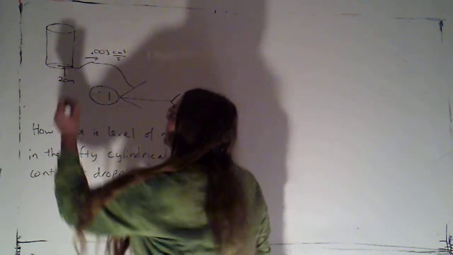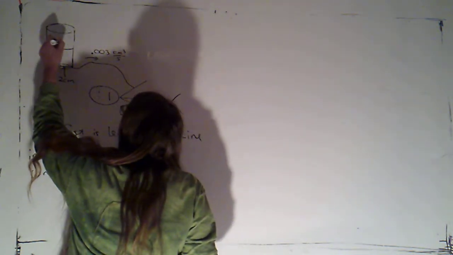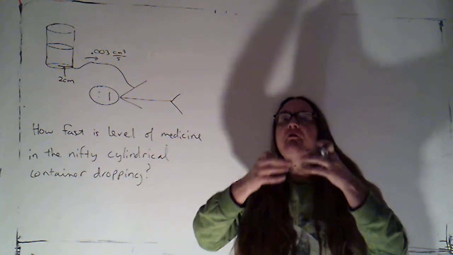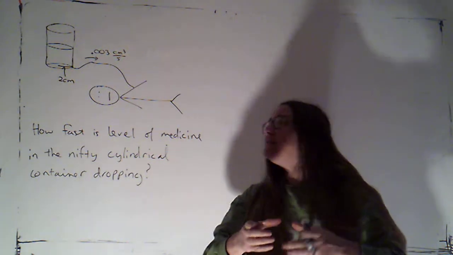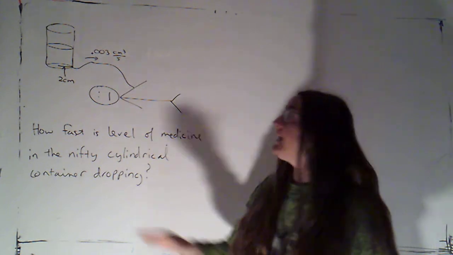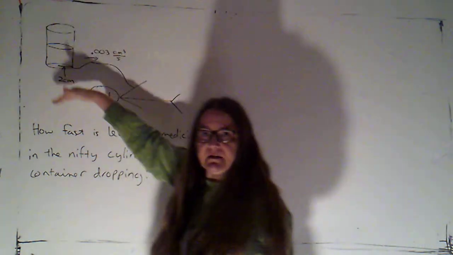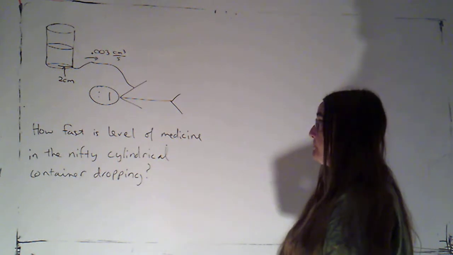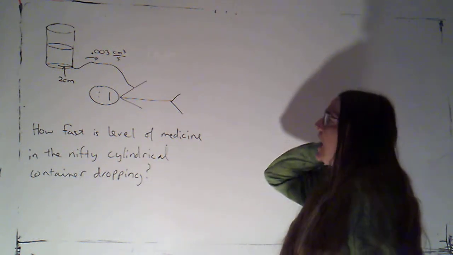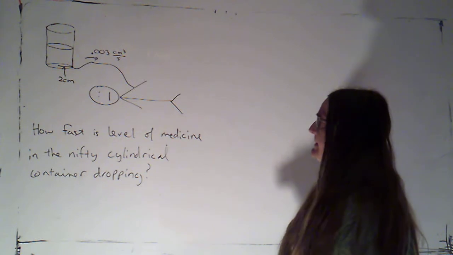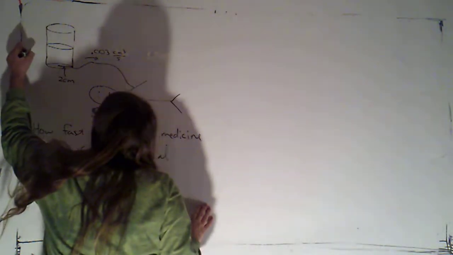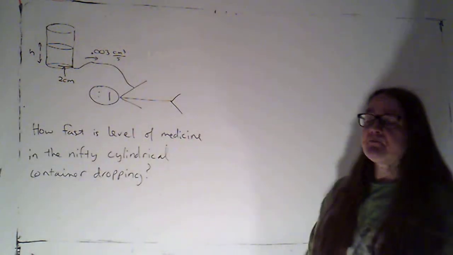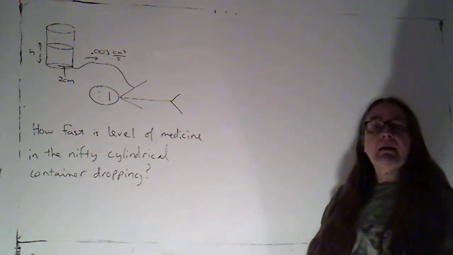So basically, at each moment in time, we're going to have a little miniature cylinder of medicine inside of this larger cylindrical container, the top of which will be empty because some of the medication has flowed into our dear beloved Harold. Okay, so let's see. I think I'm just going to label that as H for the height of the medication. And that's what I want to figure out how it's changing.